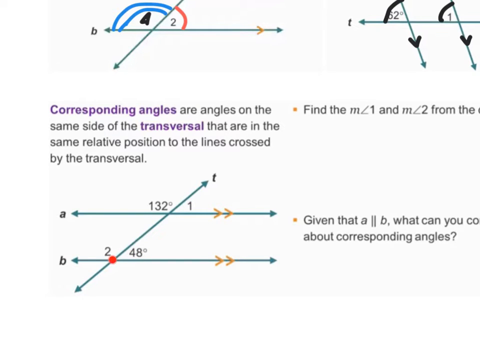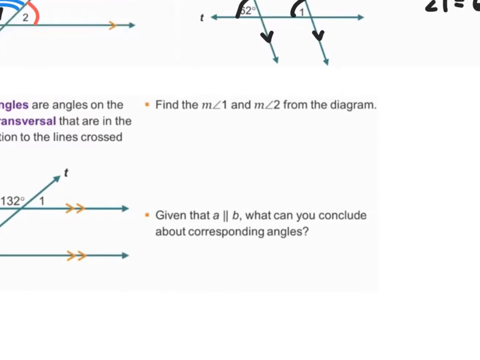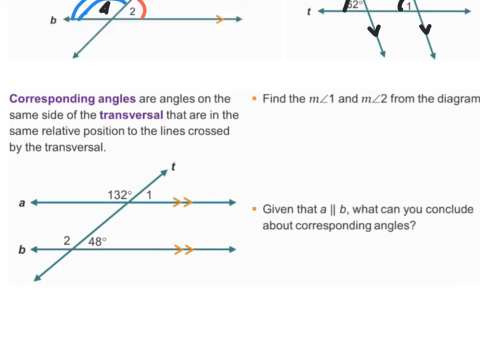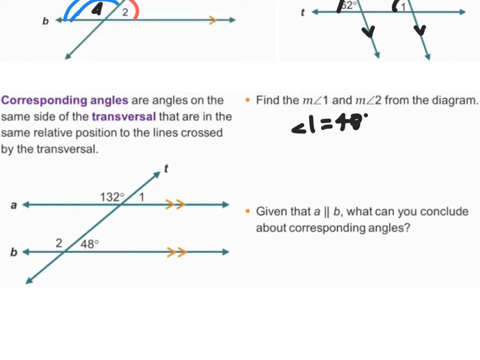I'm talking about the intersection. Angle 2 is in the top left, same with 132 degrees. So angle 1 in this case would be equal to 48 degrees, and angle 2 would be equal to 132 degrees.